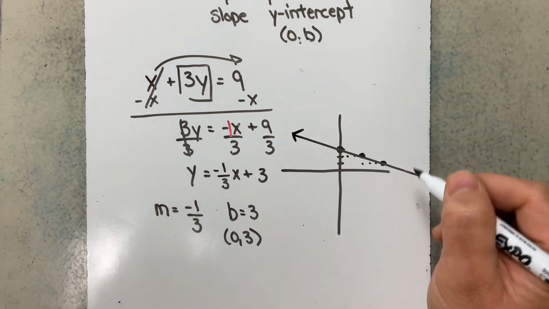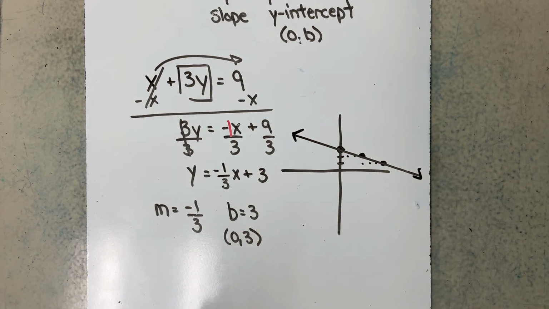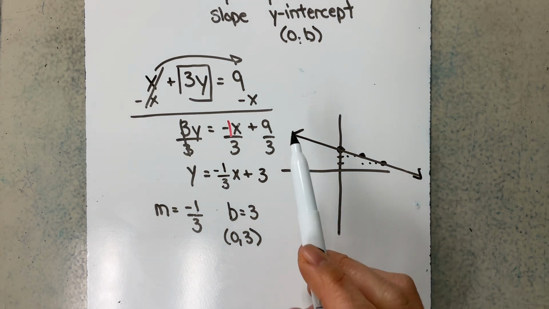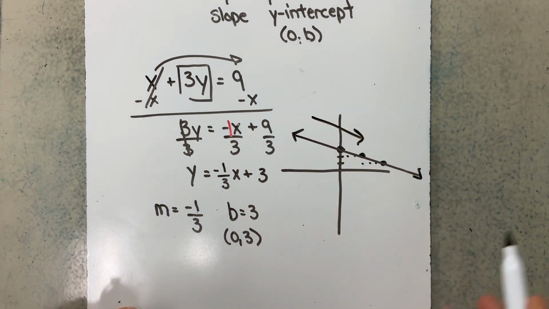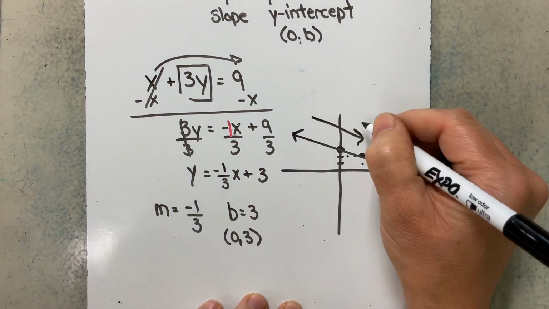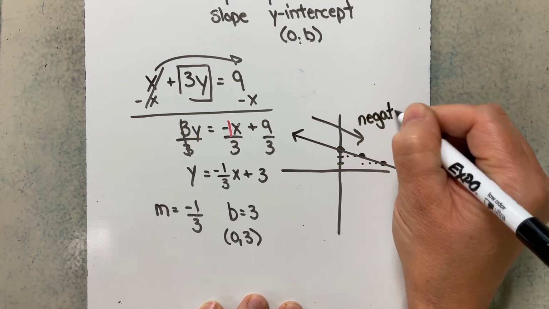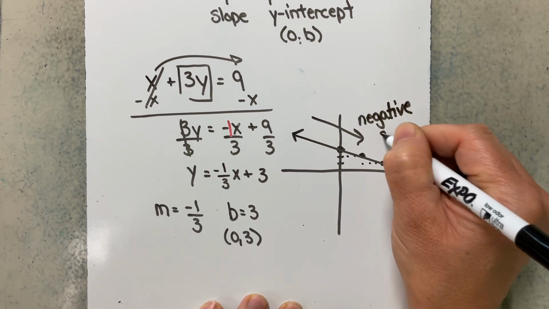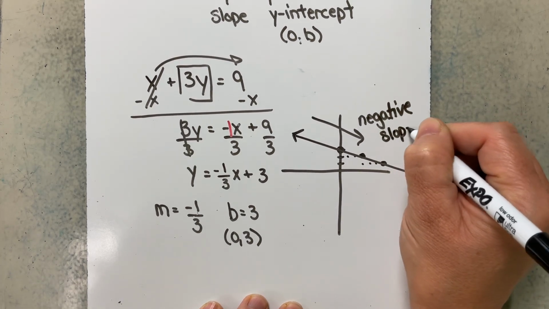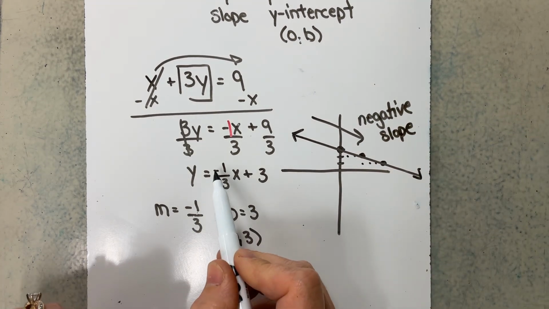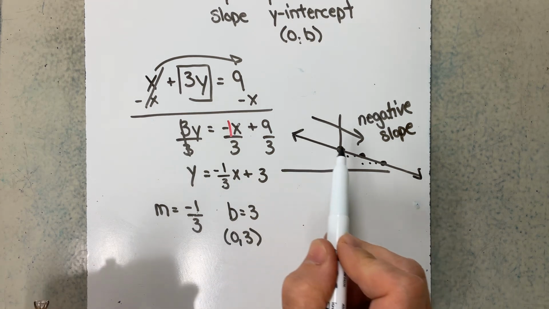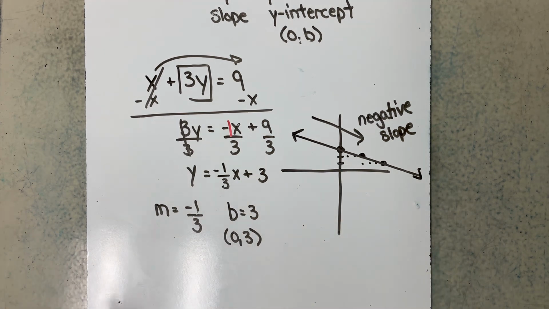Now, this line, if you were hiking it, are you going up the hill or down the hill? Right, we're headed downhill. Whenever you head downhill, that means you have a negative slope. Okay, so if your slope has a negative with the x term, then you know you should have a line that goes down. Okay.